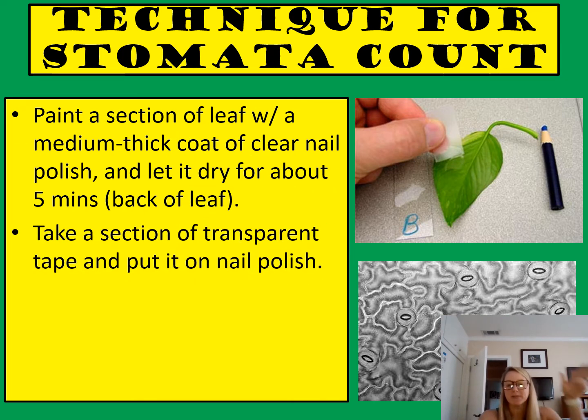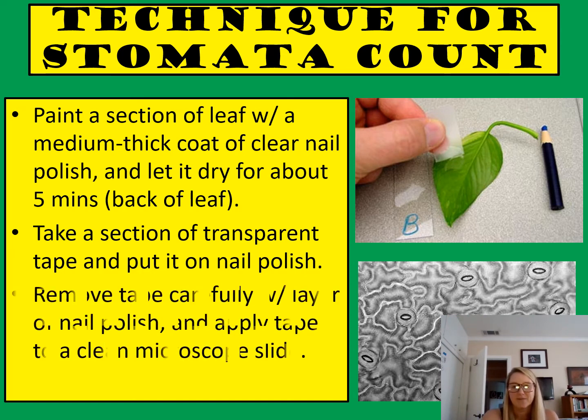After that, you simply put a piece of tape on the clear nail polish and you pull the nail polish off of the leaf. Now, what that did is it created a print of the leaf, specifically the print of the stomata. Then all you have to do is put that piece of tape that contains the nail polish stuck on it on a microscope slide and put it underneath a microscope.